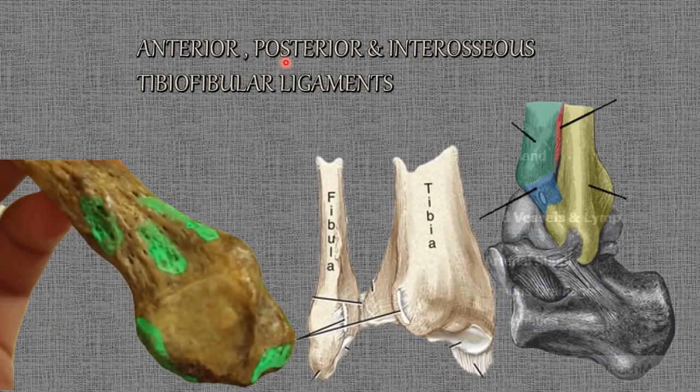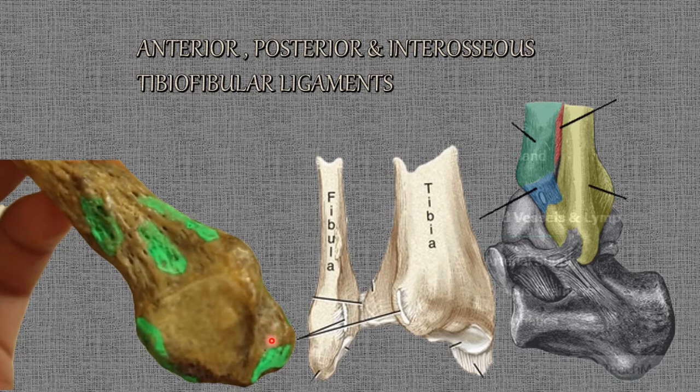Now the anterior, posterior and interosseous tibiofibular ligaments. Which ligament? The ligament which joins the tibia with the fibula. So the tibiofibular ligaments are anterior, posterior and interosseous in the middle, related to the interosseous membrane or interosseous border of both bones. So this is the medial surface.